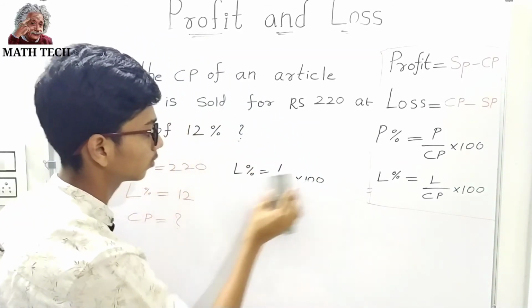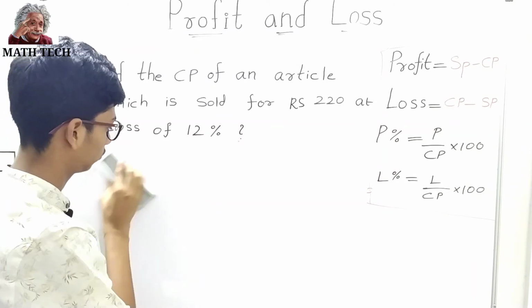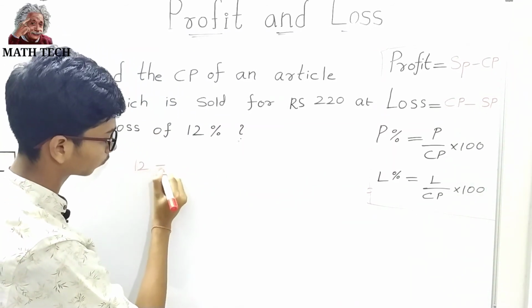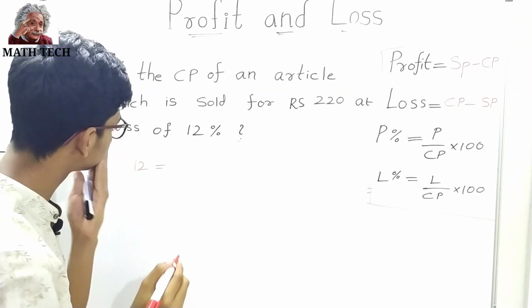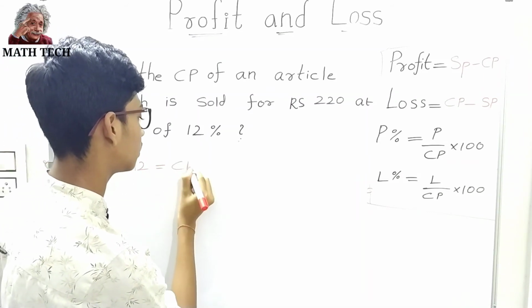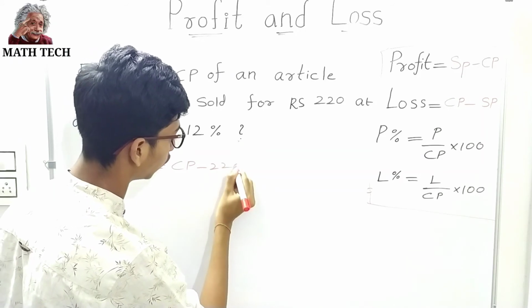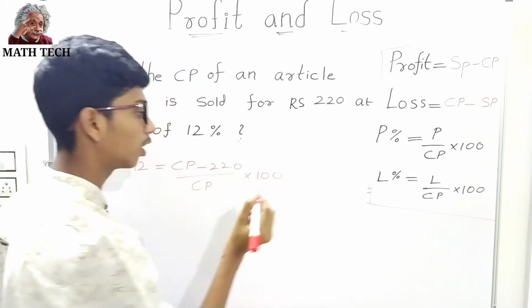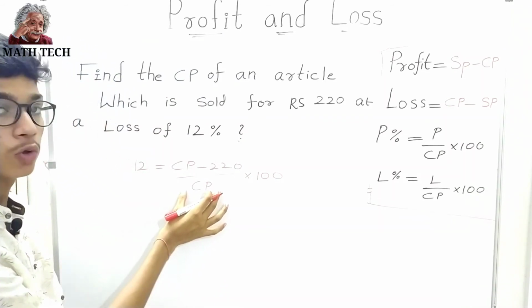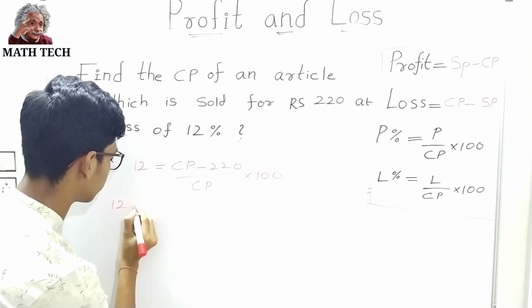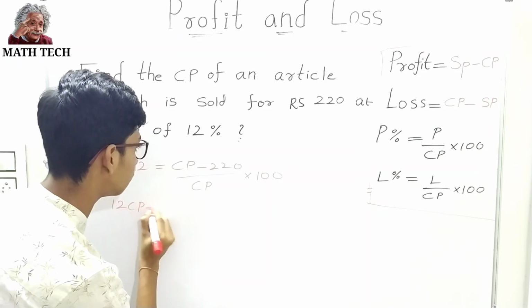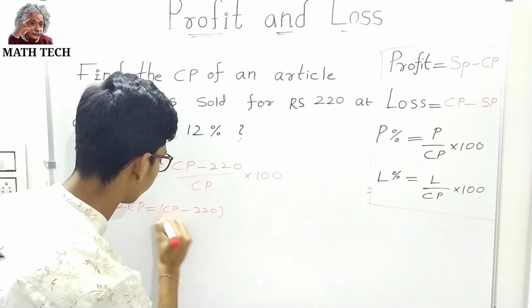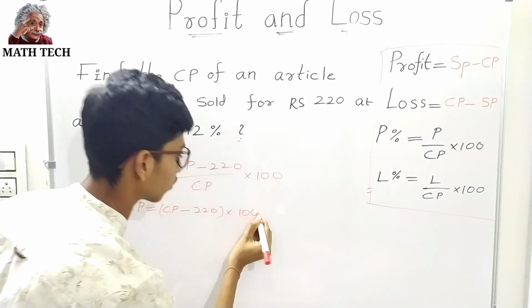Let's write it again. 12 is equal to CP minus 220 by CP into 100. Now bring this CP to the left hand side. Then the equation becomes 12 CP is equal to CP minus 220 into 100.